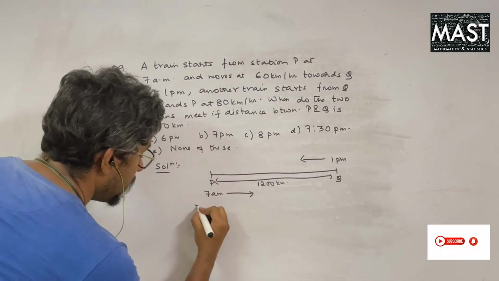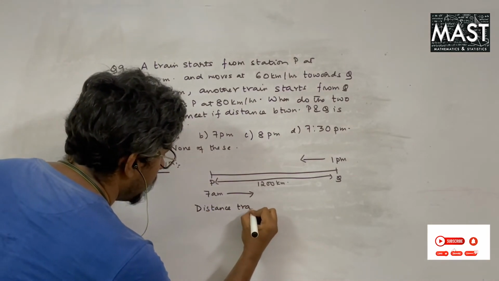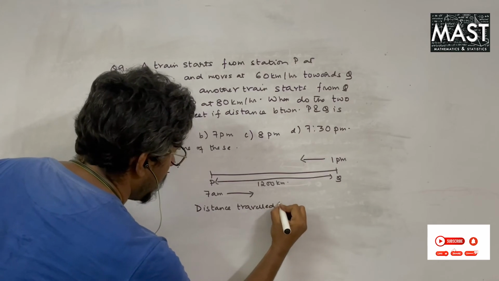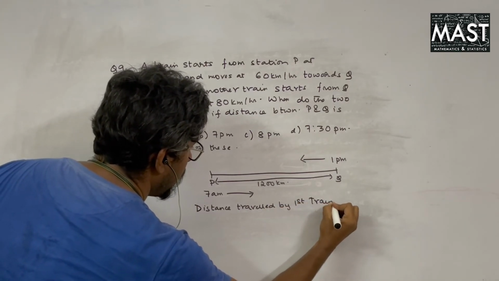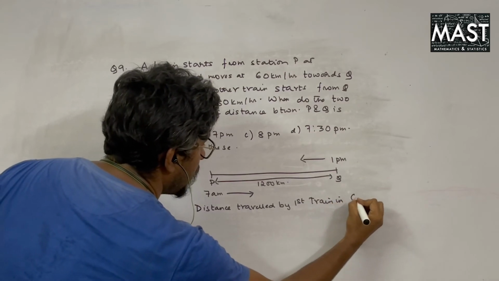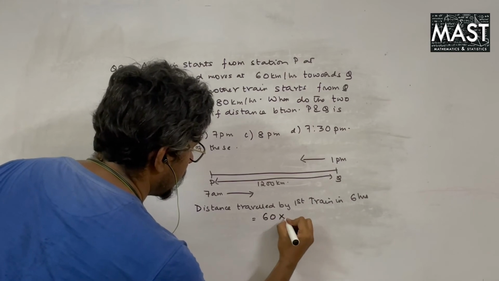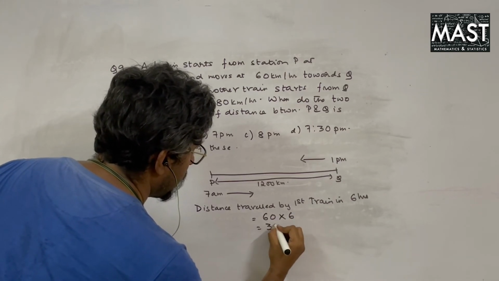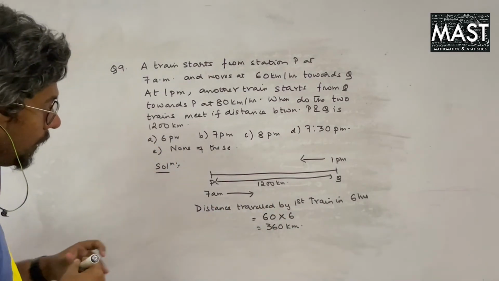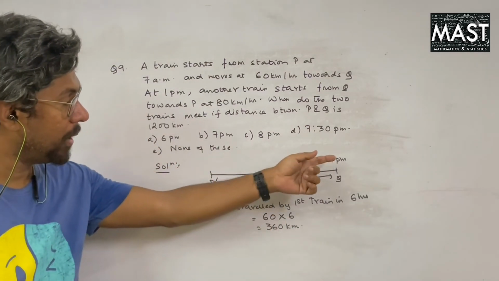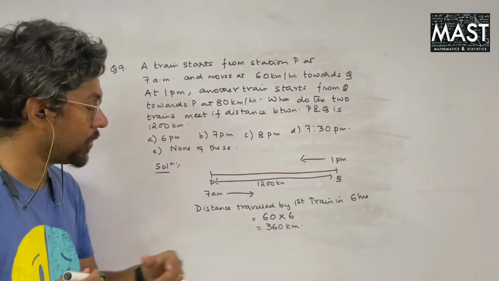So the distance travelled by the first train in 6 hours equals 60 into 6, 360 km. So in the 6 hours between 7 am and 1 pm, the distance travelled by the first train is 360 km.